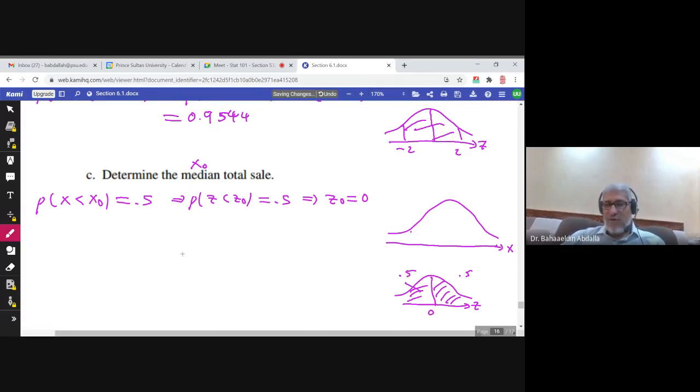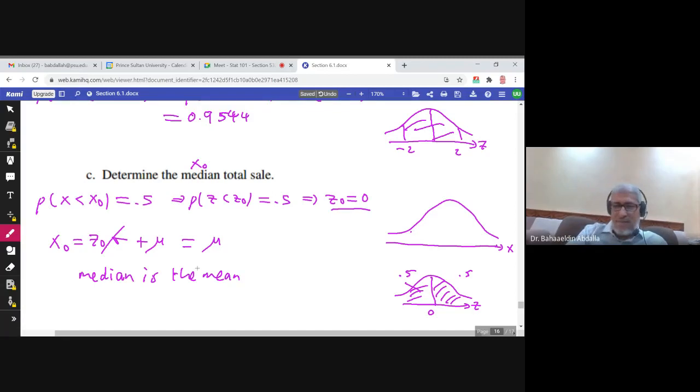So if you look for 0.5 in the table, you will find Z0 is 0. Now how to find X0? X0 is Z0 times sigma plus mu, but Z0 is 0, so it's equal to mu. So X0 is in fact mu, the mean. So the median is the mean.